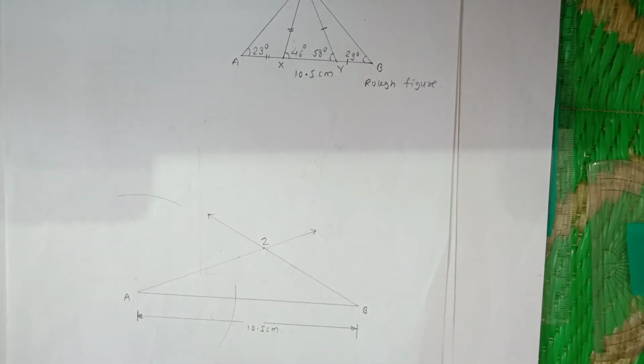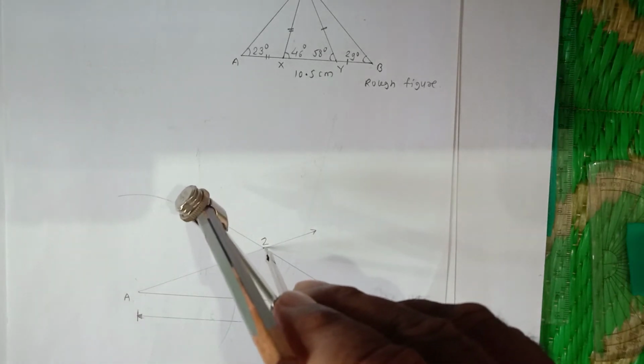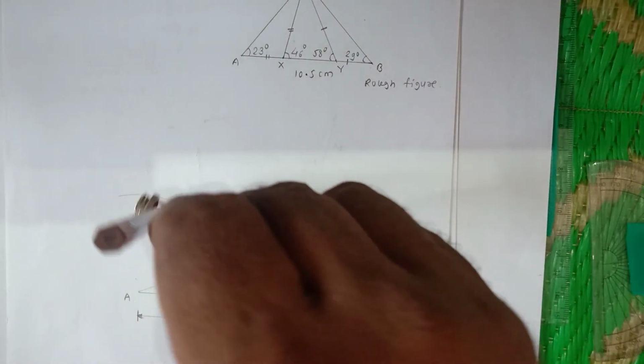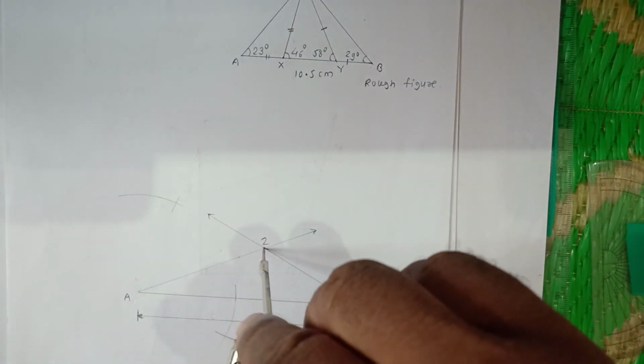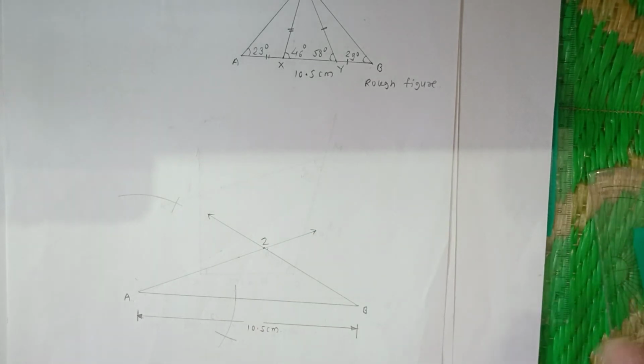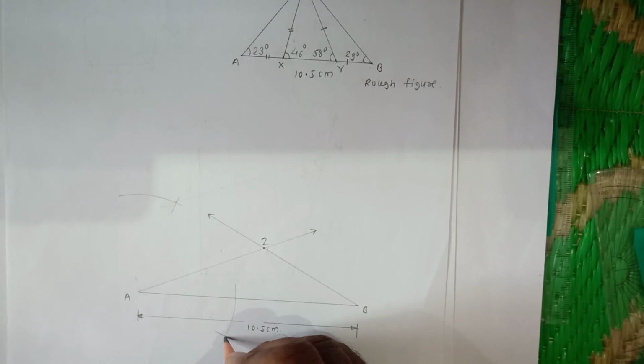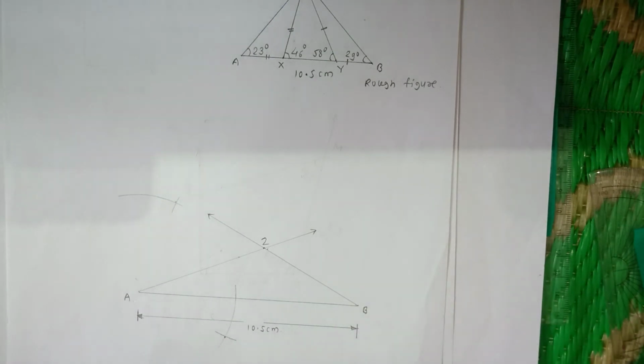Now put compass on point Z and draw two more arcs on the opposite side of AZ. So we get these 2 points of intersection of arcs.